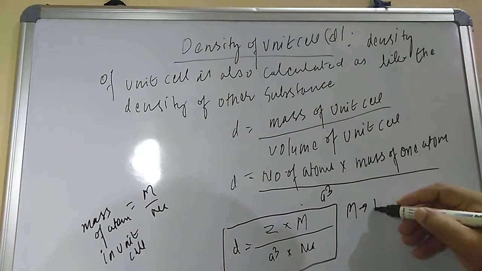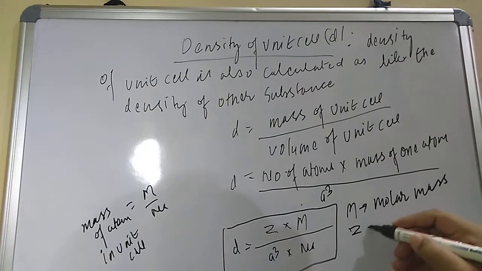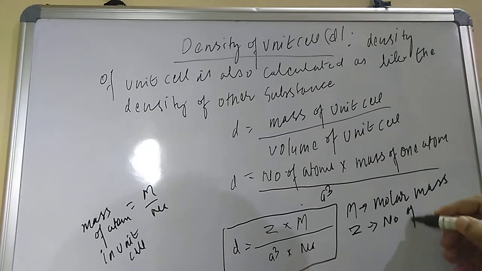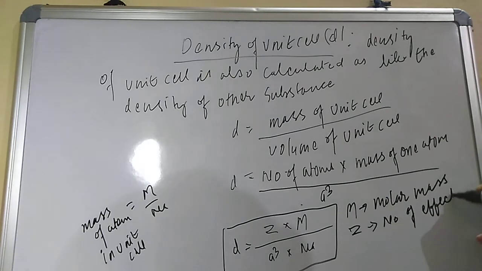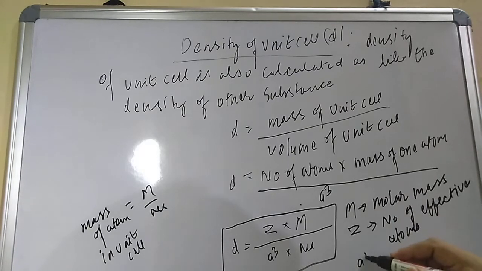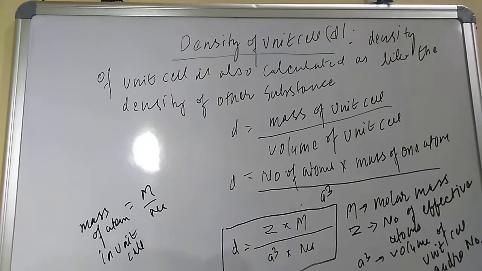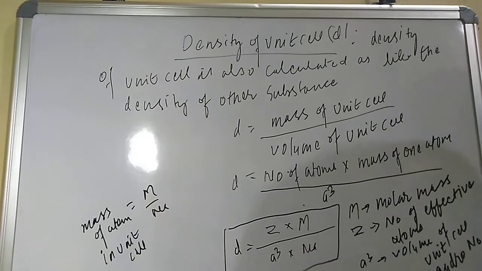Capital M is the molar mass, Z is the number of effective atoms, a cubed is the volume of unit cell, and the last one, Na, is the Avogadro number. So this is a very simple derivation to calculate the density of unit cell.